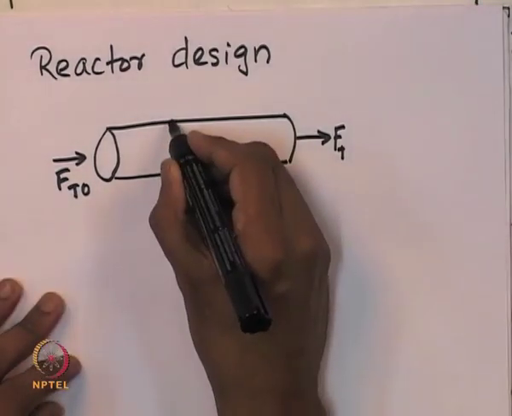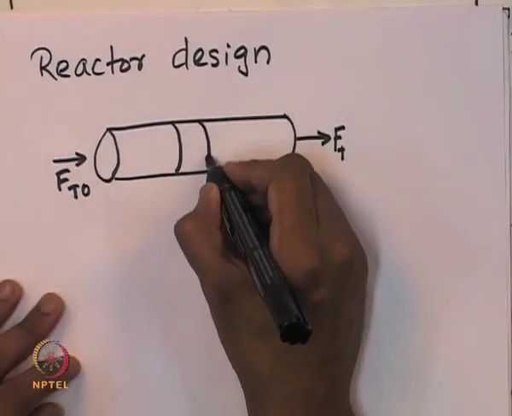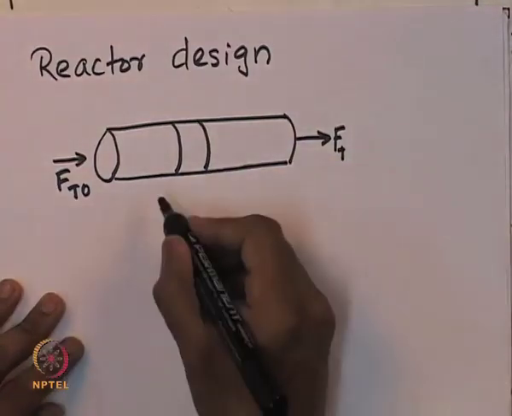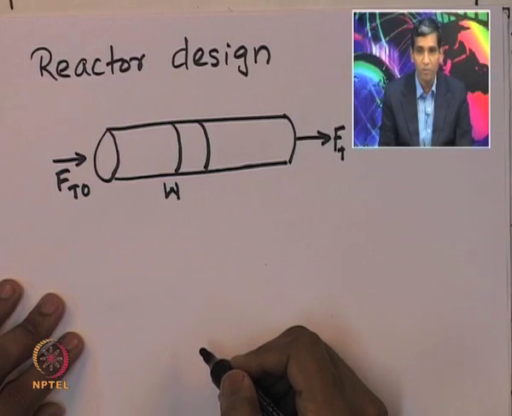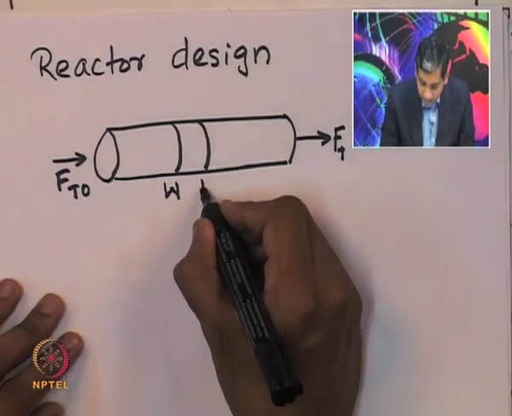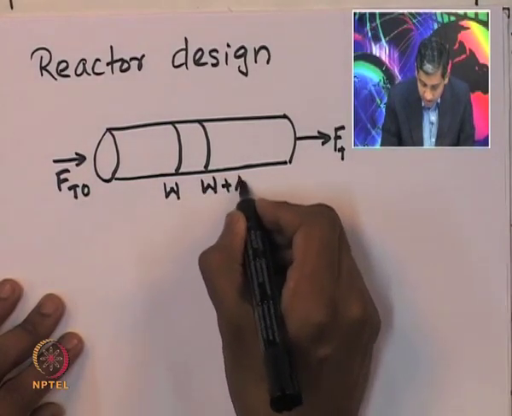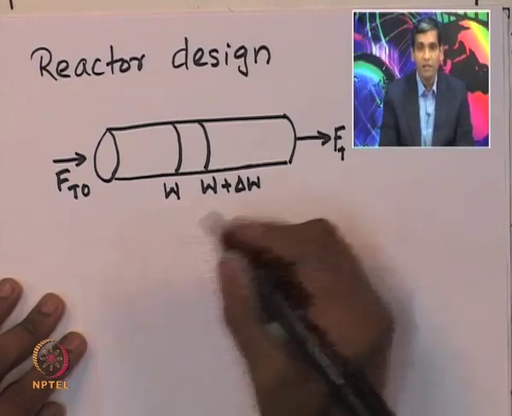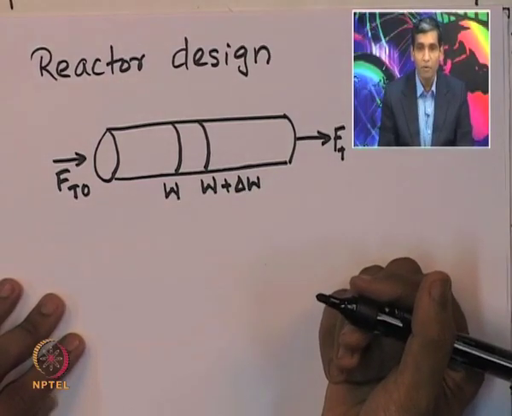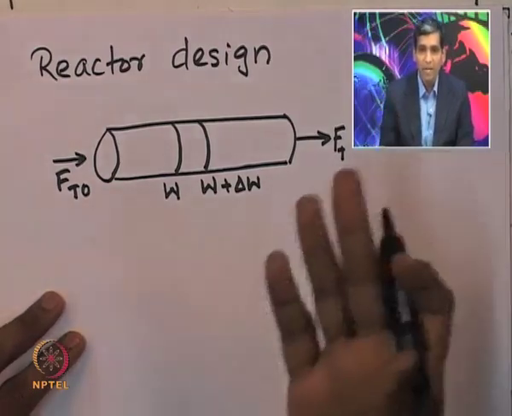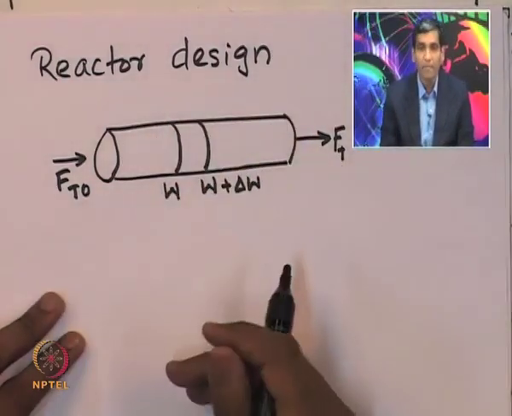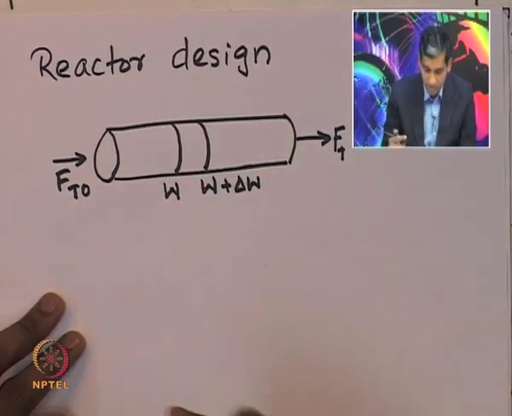Now, if I take a small element, and the total weight of catalyst packed up to that location is W, and the weight of catalyst packed at the other end of the element is W plus delta W, then we can write a simple mass balance to account for what is happening inside the reactor.